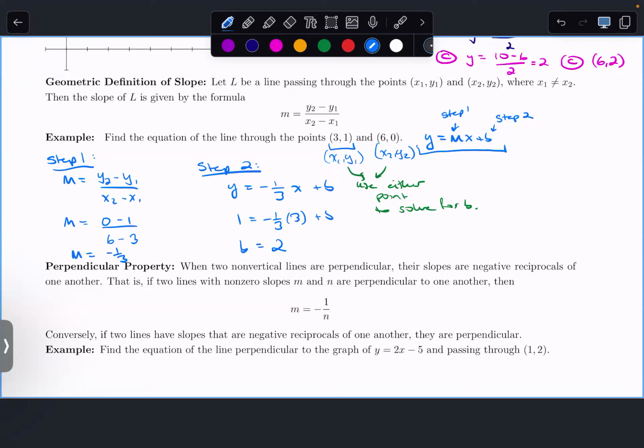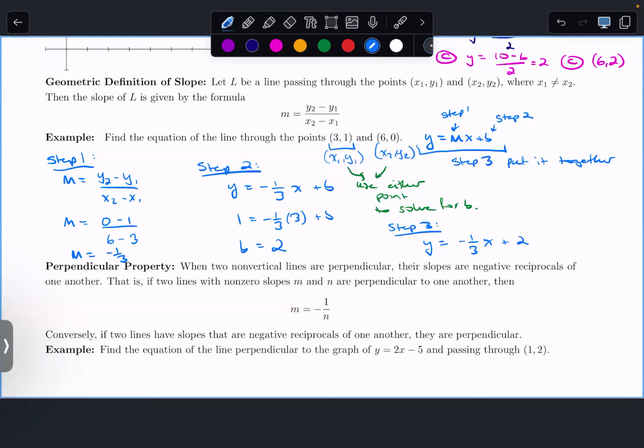I guess step 3 is to put it together. We leave x and y open as variables, of course, because we want to allow for any value of x, and then we can figure out what the value of y is and vice versa. And so step 3, y is mx plus b, so y equals negative 1 over 3x plus 2.